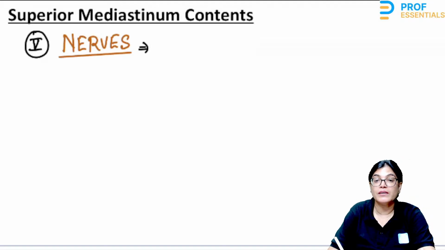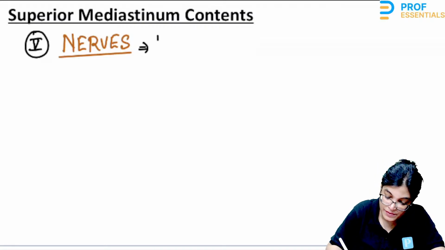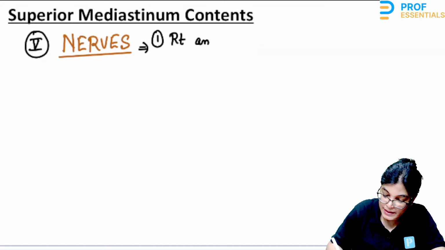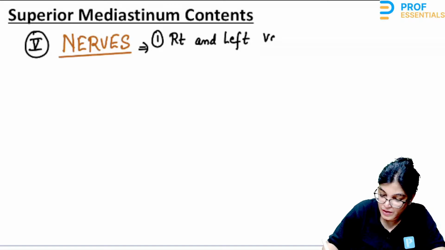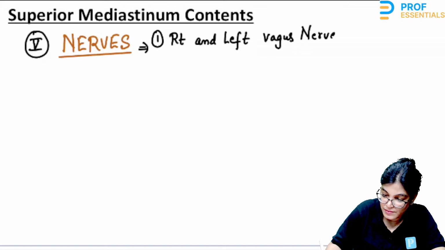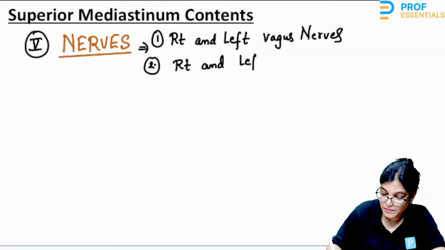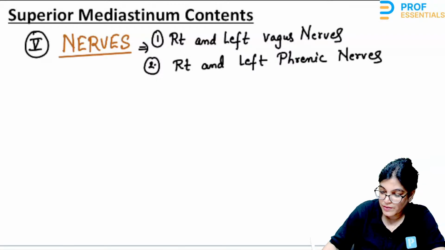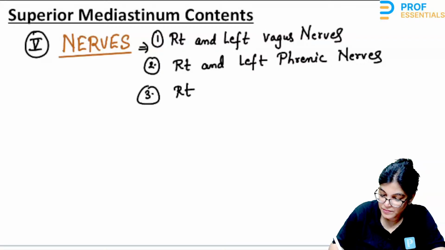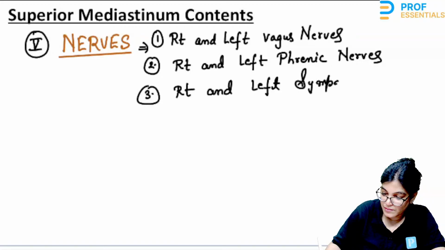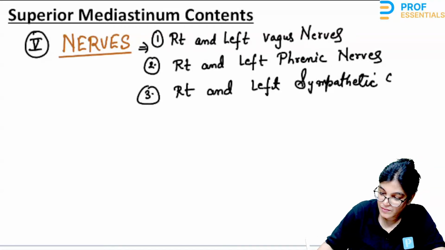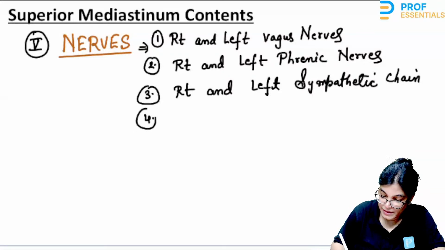The nerves are: we will have the right and left vagus nerve, right and left phrenic nerve, sympathetic chain, and only the left recurrent laryngeal nerve. So we will have right and left vagus nerve, right and left phrenic nerve, right and left sympathetic chain, and we will have the left recurrent laryngeal nerve.